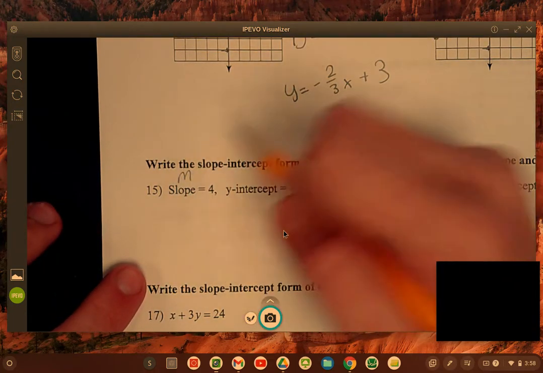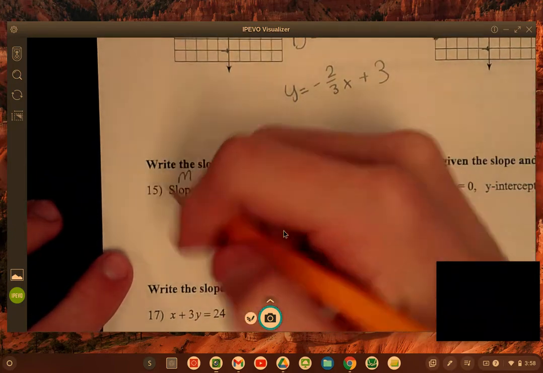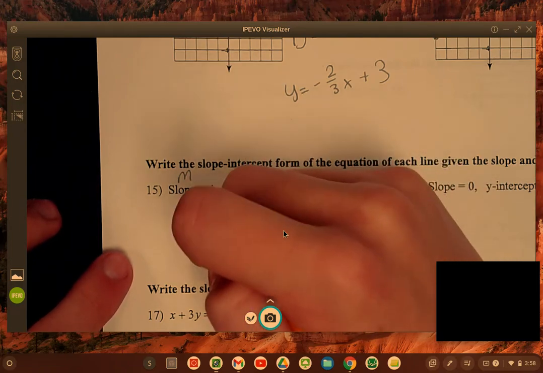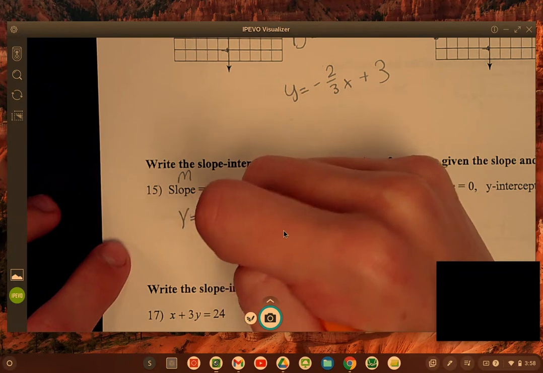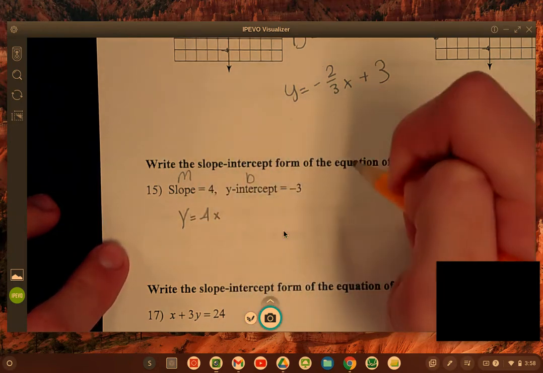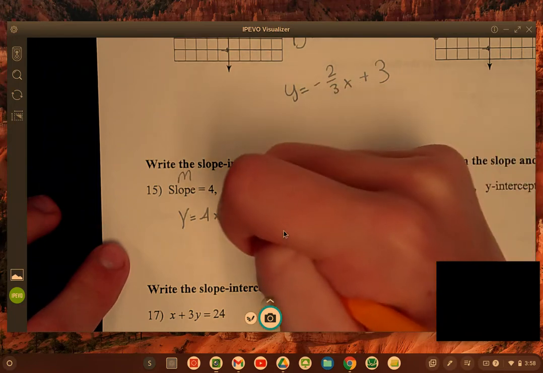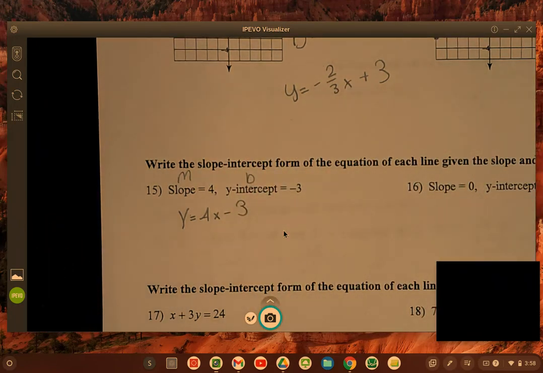Slope is m, and the intercept is b, so you just need to plug that in. This is like the questions you hope for. We don't know y, so that's still going to be y. We know m, and that's 4. We don't know x, so that's still going to be x, and that's a negative 3. So instead of it being plus b, it's a negative, so it's going to be minus 3.